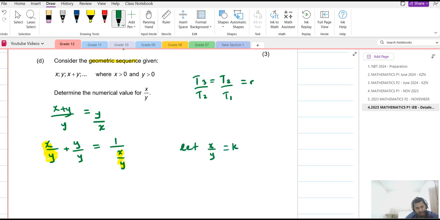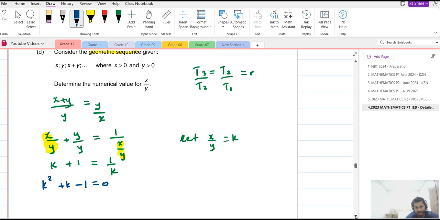So what do you have? You have k plus 1 equals 1 over k. So far we have that. Right, so we can multiply this entire equation by k. So what we have is k squared plus k, and we got a 1 on that side, so bring it over: minus 1 is equal to 0.